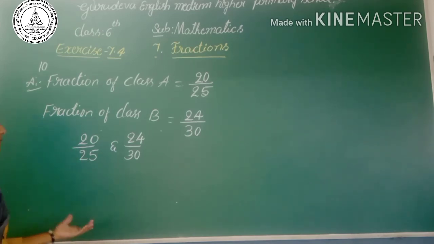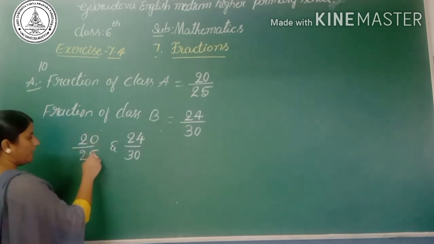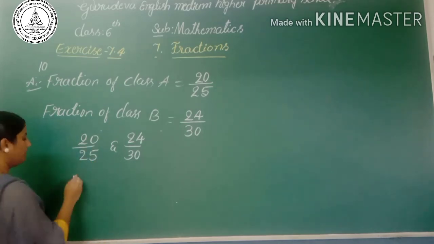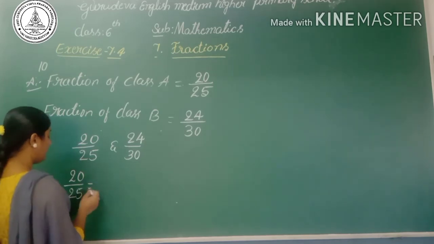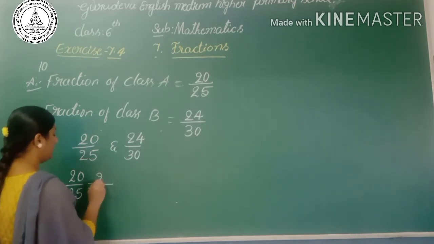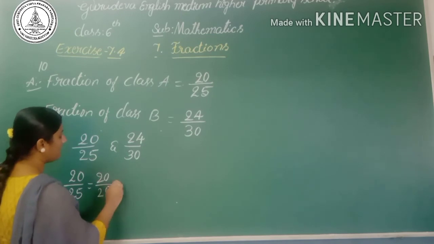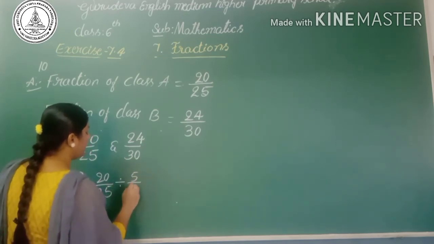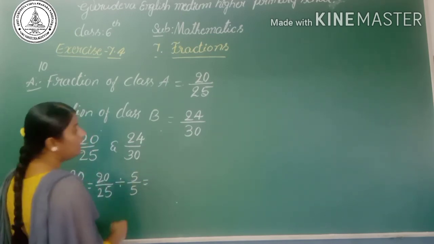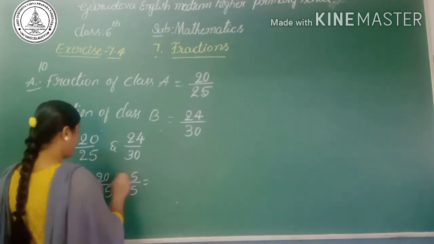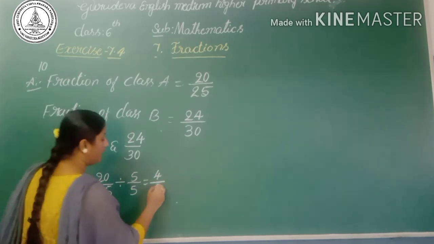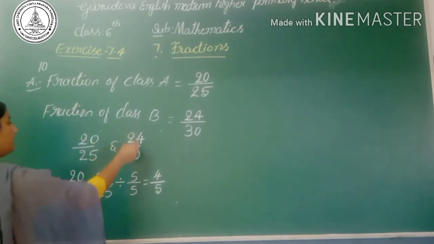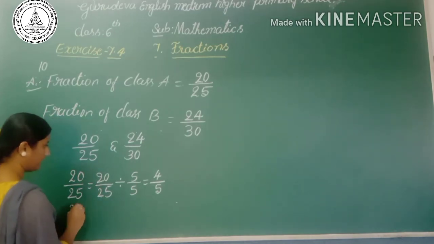First write them in the simplest form and we can easily get the answer. 20 by 25 in the simplest form: 20 and 25 both come in the same table, that is 5. Then divide both the numerator and denominator by 5. 5 how much is 20? 5 4s are 20. 5 how much is 25? 5 5s are 25. Then similarly 24 by 30.